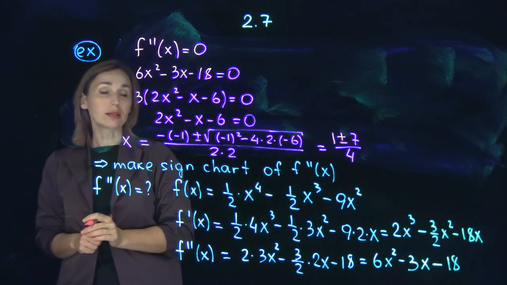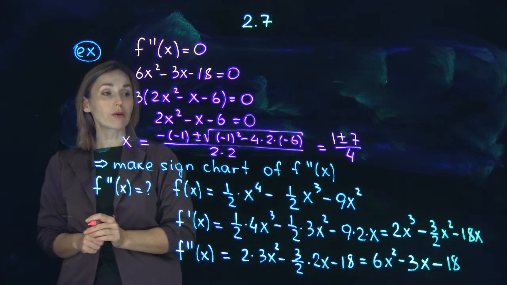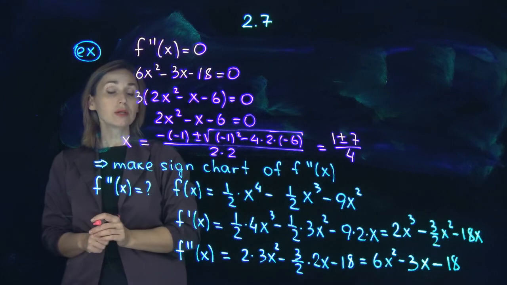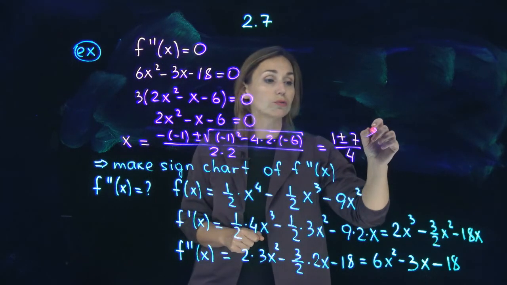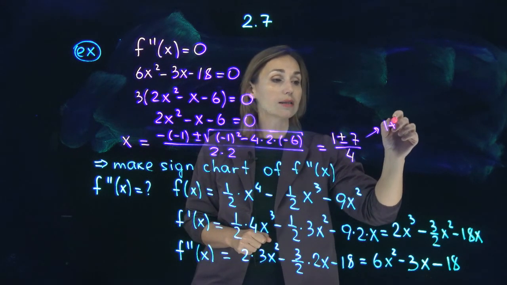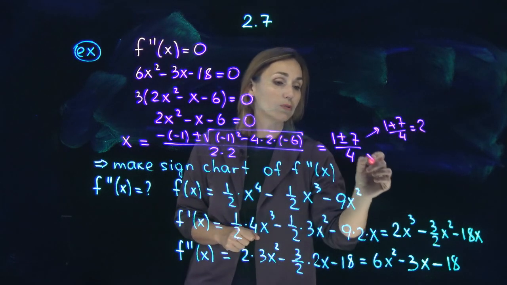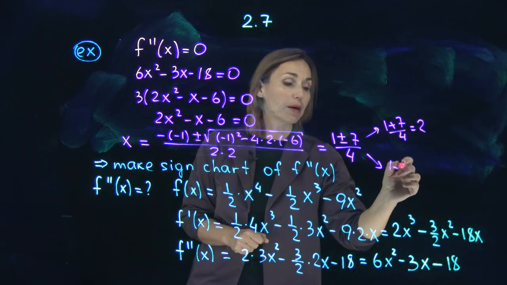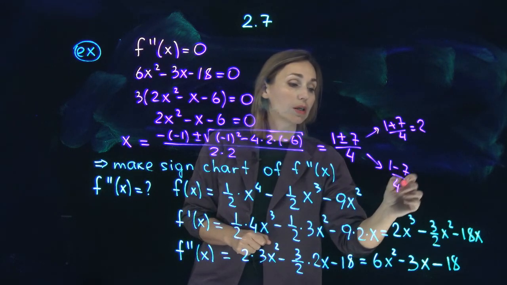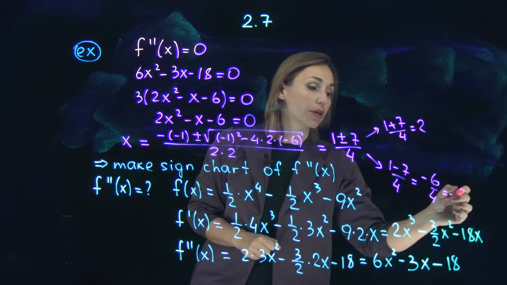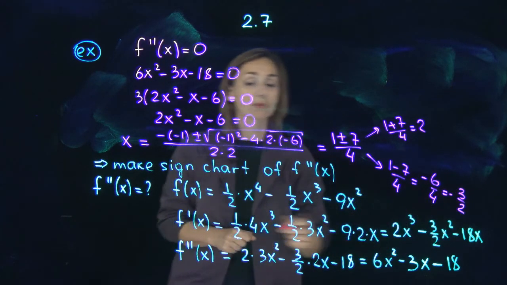The square root of 49 is 7, so on top I have 1 plus minus 7, and on the bottom the number 4. With the plus, the solution is 1 plus 7 over 4, that is 2. With the minus, the solution is 1 minus 7 over 4, that is negative 6 over 4, that is negative 3 over 2.